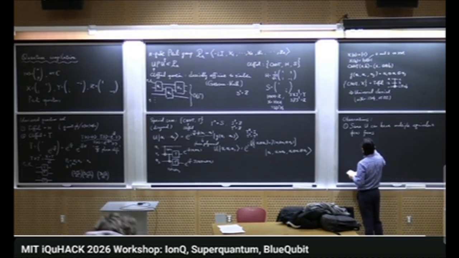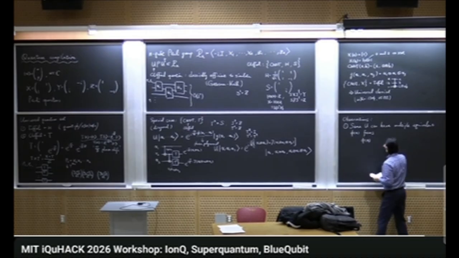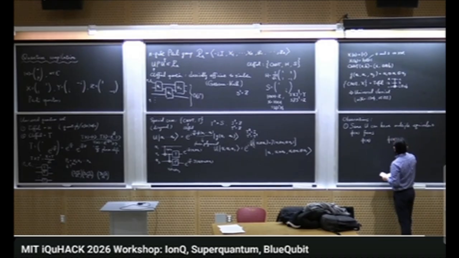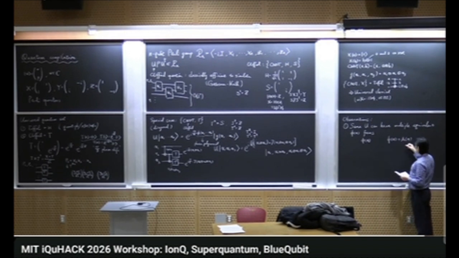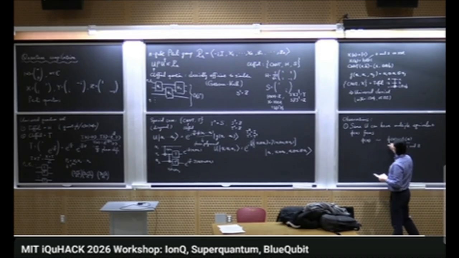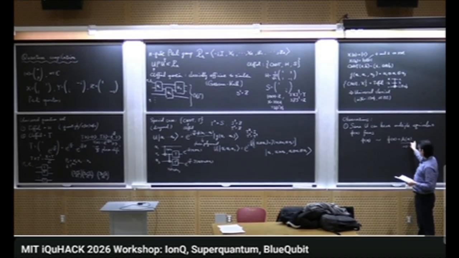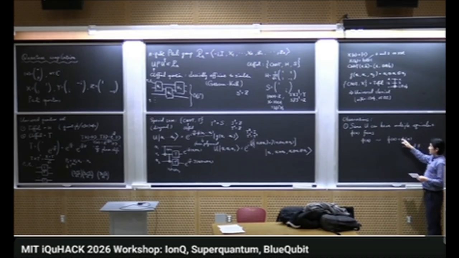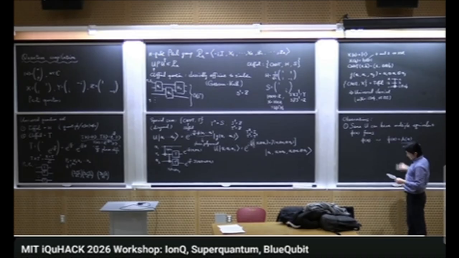So if you take a phase polynomial phi(x) and add another function a(x) which is always 0 mod 8, these two are equivalent. We're not changing the unitary that we're implementing.